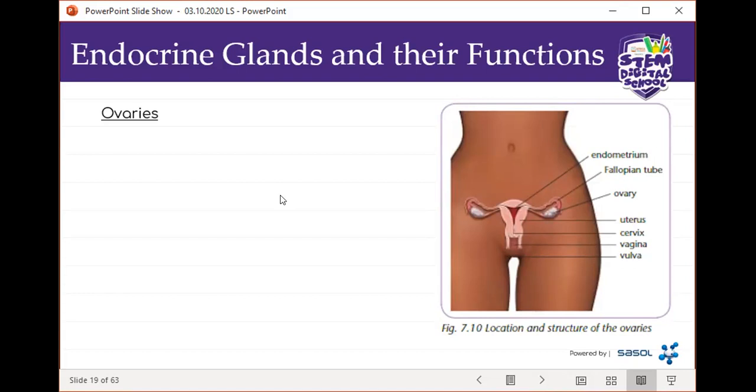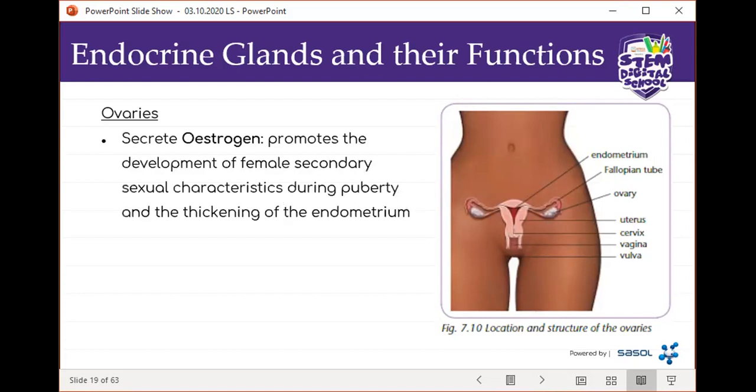Okay. So the ovaries, they secrete the hormone estrogen. Okay, and estrogen, as we might remember from reproduction, promotes the development of female secondary characteristics during puberty.